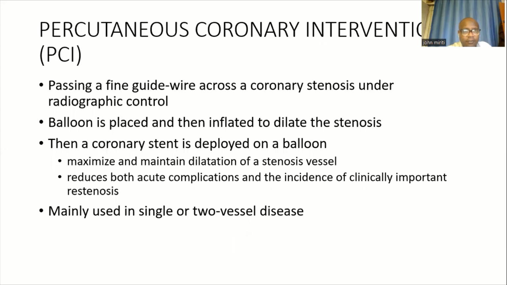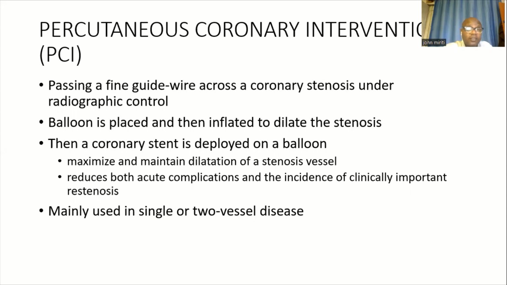So the other type of management you can do is what is called percutaneous coronary intervention. In this one, you pass a fine guide wire across the coronary stenosis under radiological control. A balloon is placed and then inflated to dilate the stenosis. Then a coronary stent is deployed on the balloon, maximizing and maintaining the dilatation of the stenosed vessel, reducing both acute complications and the incidence of clinically important stenosis.